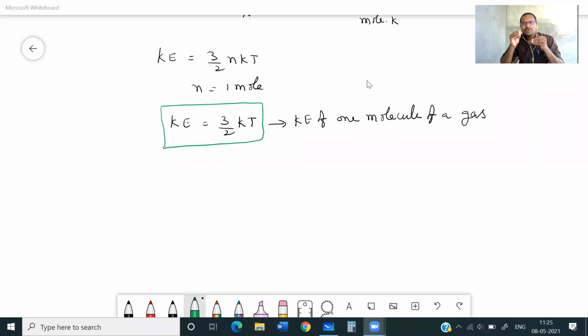Or 1 by 3 times the total mass of the gas upon the volume into VRMS square. I have already written those formulas. Or pressure is 2 by 3 times the kinetic energy of the gas per unit volume. Just remember these points. They will be useful for solving numerical problems.